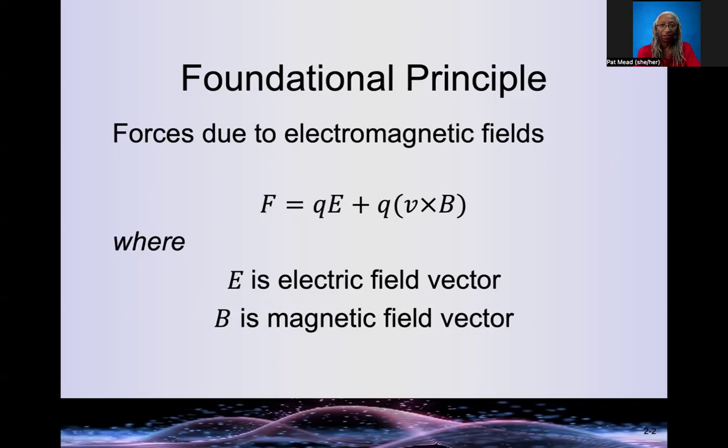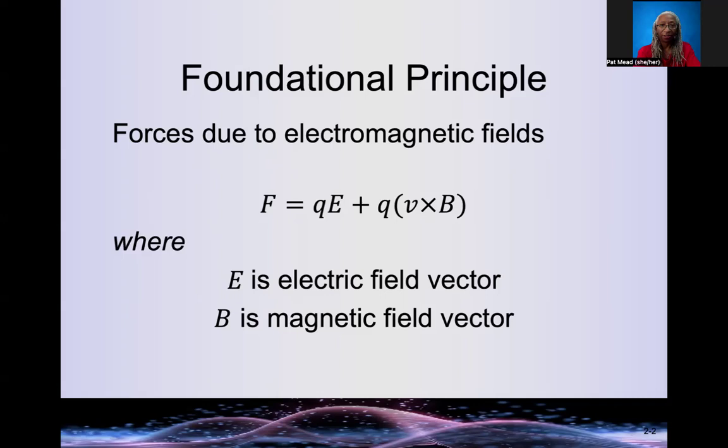But for electromagnetic fields, the forces that they create are proportional to the charge of a particle or a material or a mass, whatever, times the electric field, plus that same charge times V cross B, where V defines how the particle or the material is moving, and B is a magnetic field.